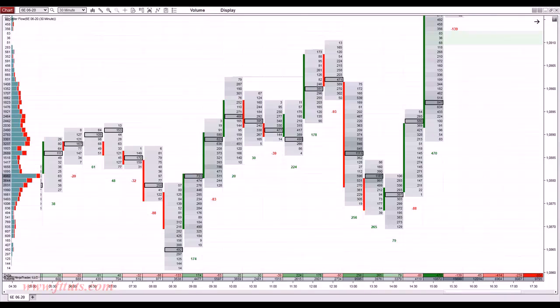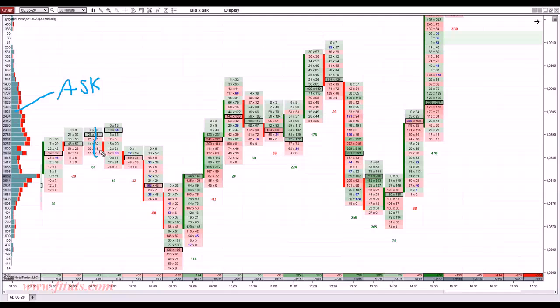Now the last thing left to cover is the left side of the screen, and it shows the volume profile of the whole day. This bluish color shows volumes traded at ask. Those throughout the whole day. And the red ones show bid.